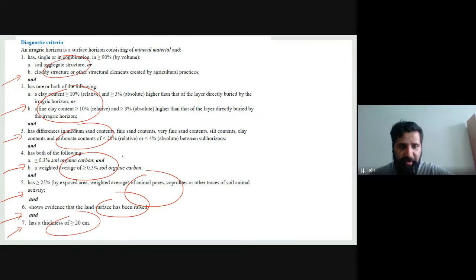So they should present these 7 conditions to be classified as a Y horizon.